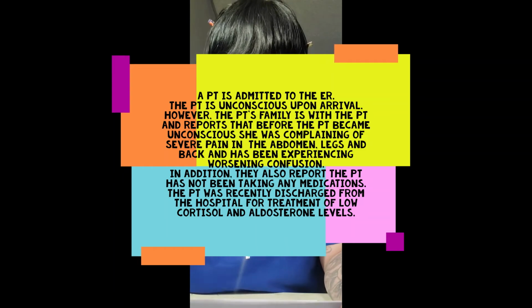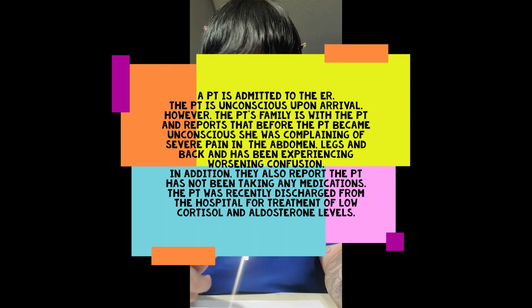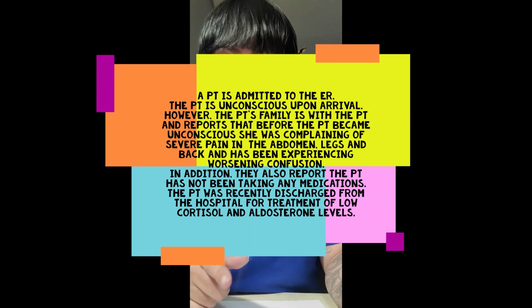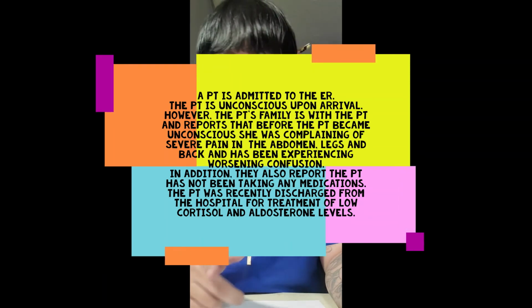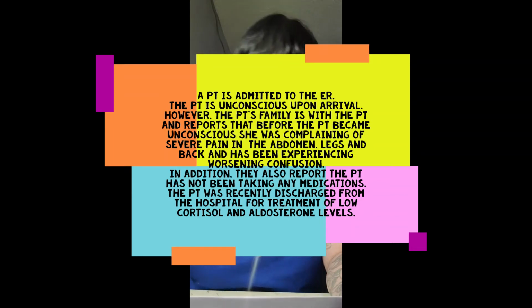Okay, question number 4. We're almost there. A patient is admitted to the ER. The patient is unconscious on arrival. However, the patient's family is with the patient and reports that before the patient became unconscious, she was complaining of severe pain in abdomen, legs, and back, and has been experiencing worsening confusion. In addition, they also report the patient has not been taking any medications.